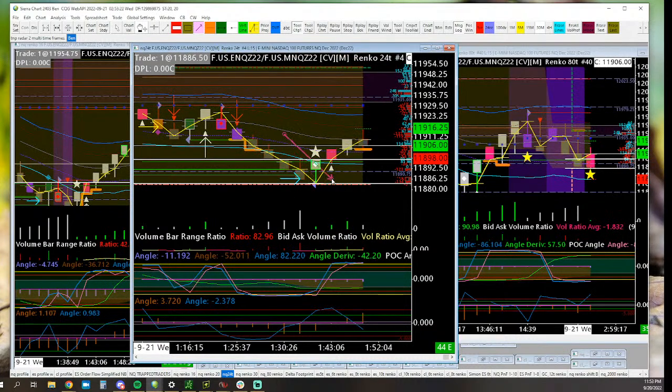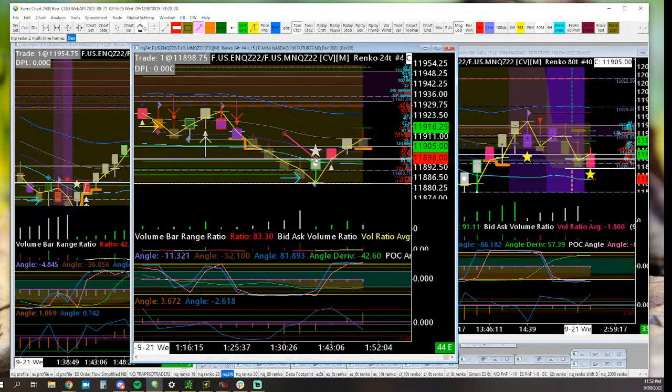You might not get it down here, but I didn't know this signal hit until 11,898, right? So anywhere in here is actually a better trade, risk to reward wise, than taking this first one.